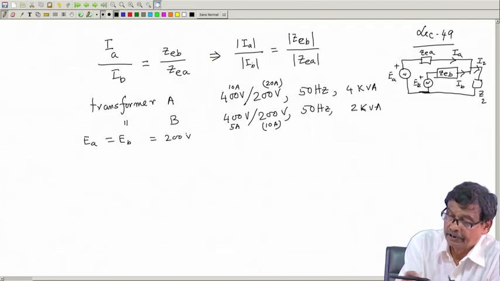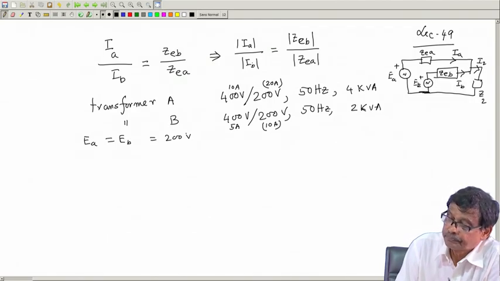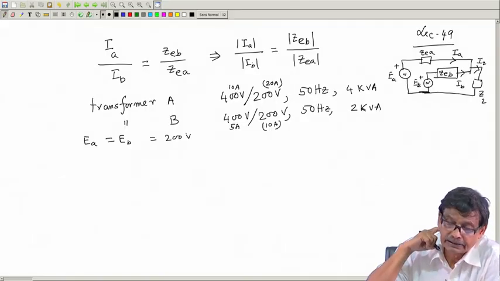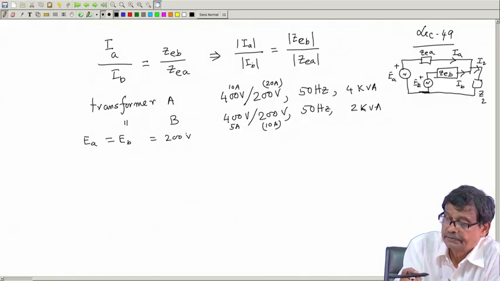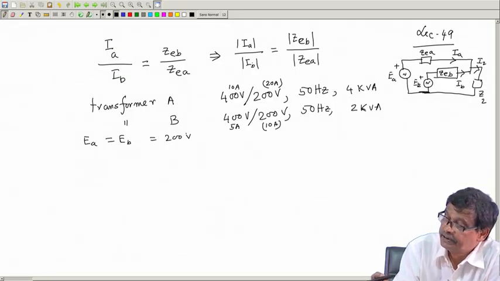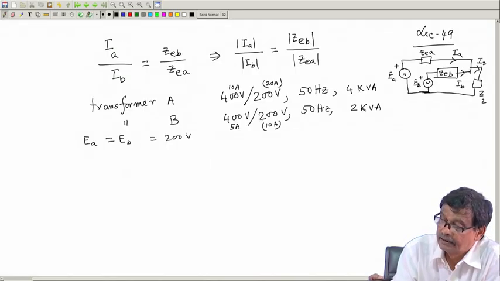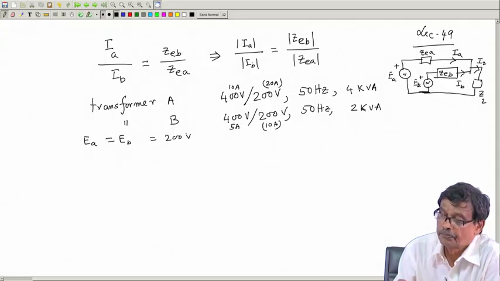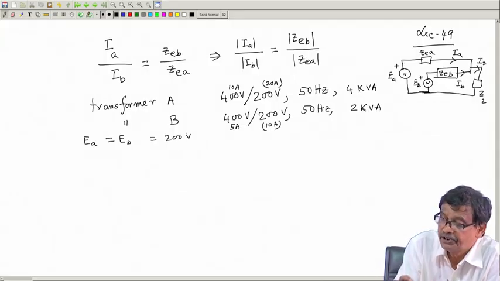Now, I have this relationship. We see that for a given load current, the current shared by transformer A and that of transformer B are in the inverse ratios of their respective impedances.